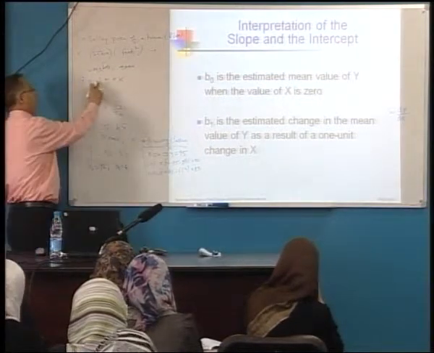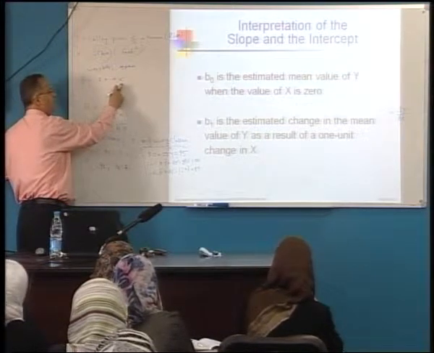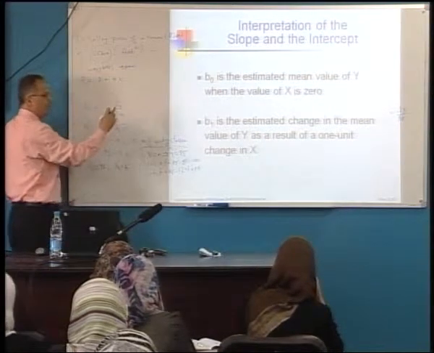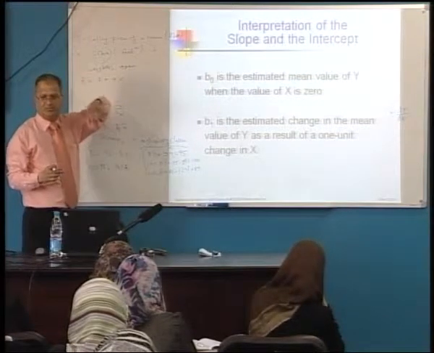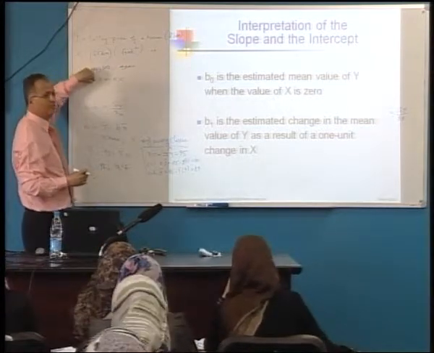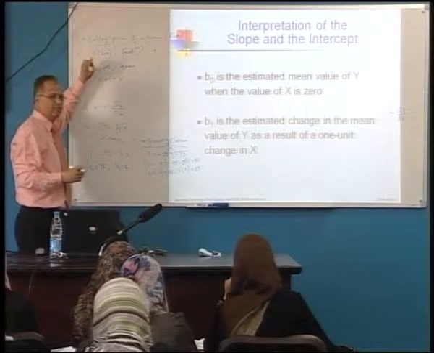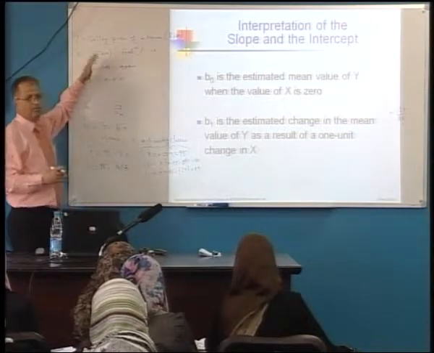Now, y hat equals 3 if x equals 0. That has no meaning because you cannot say age of 0. So sometimes the meaning of the y-intercept does not make sense because you cannot say x equals 0.